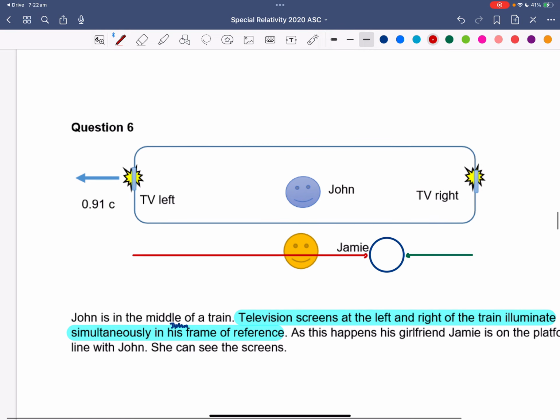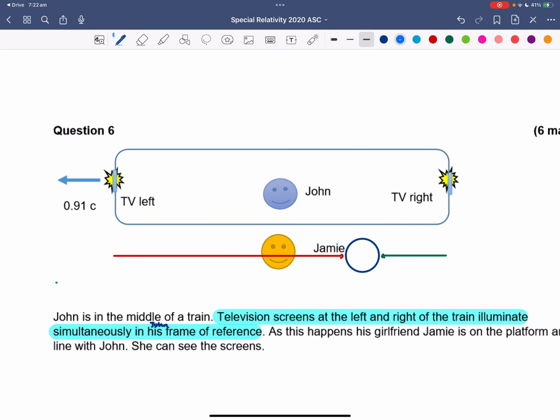So if I write that down, according to Jamie, again, it's not the answer, it's just adding to our knowledge of simultaneity. According to Jamie, remember, Jamie thinks the right light turns on first and then the left light turns on later on. And remember, she thinks John is moving to the left.